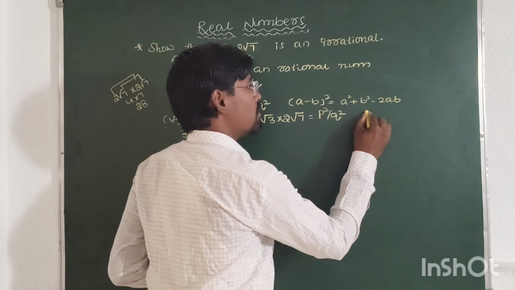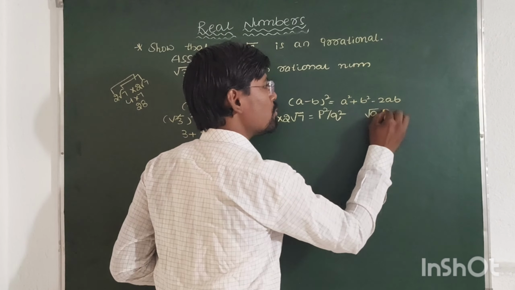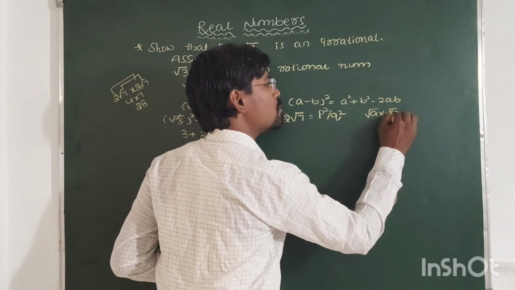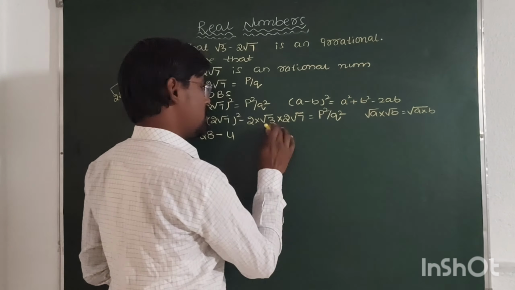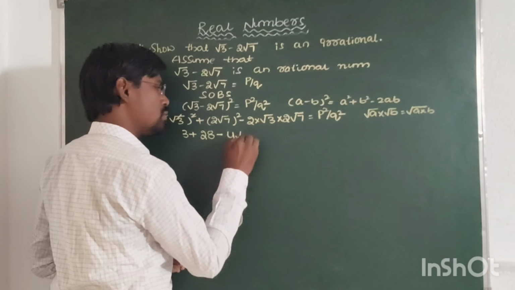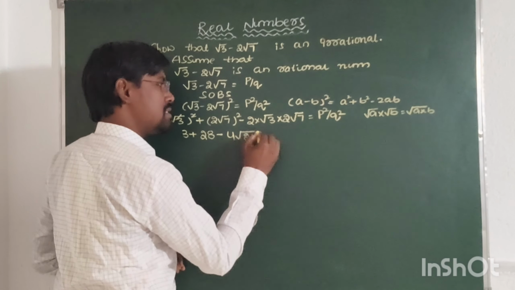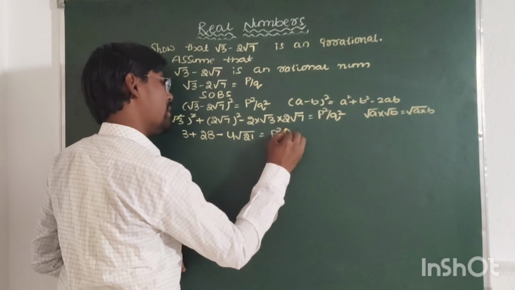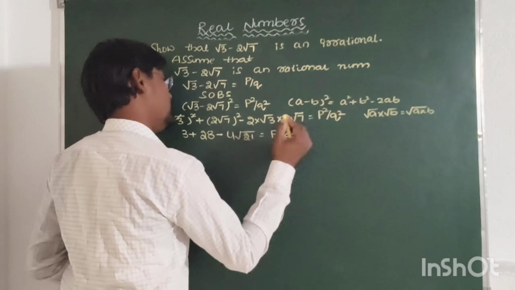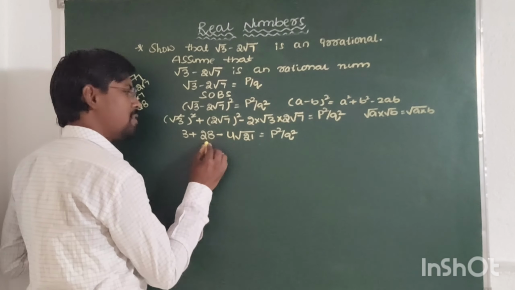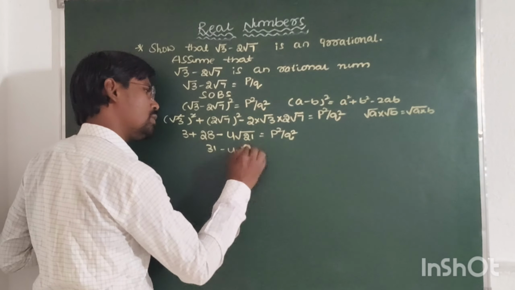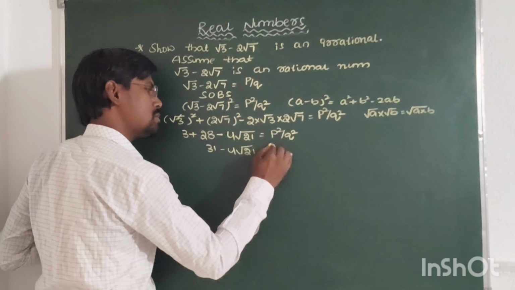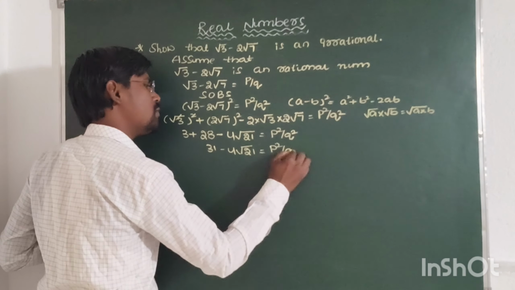Already we learned root a into root b can be written as root of a into b. So root 3 into root 7 can be written as root 21, which is equal to p square by q square. Now 3 plus 28 becomes 31, so 31 minus 4 root 21 is equal to p square by q square.